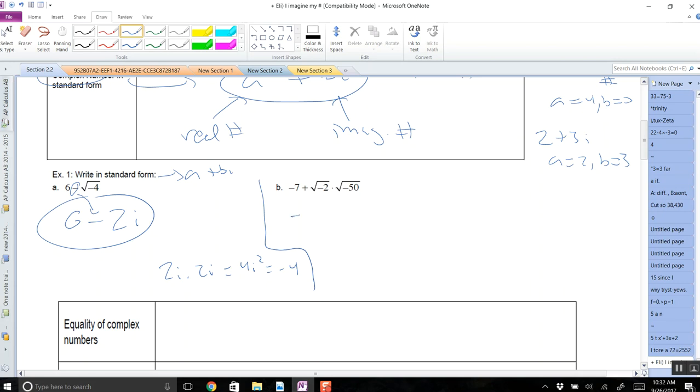And we also have the minus from earlier on, so we have to stick with that. If we go again, we get -7. Now, in this case, it's going to be root 100. That's kind of interesting. So once it becomes just -7 plus 10, you could also think of it as -7 plus i root 2 times i root 50.